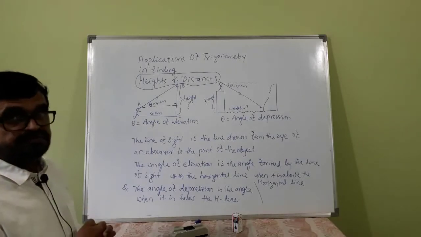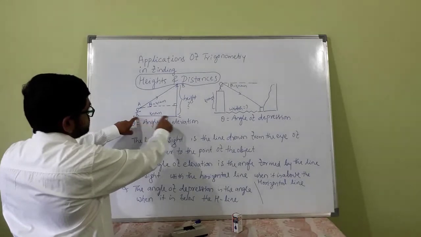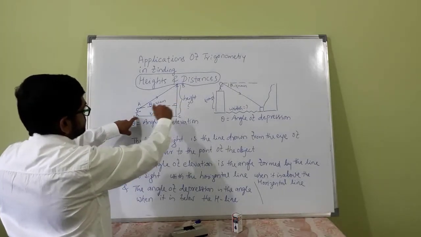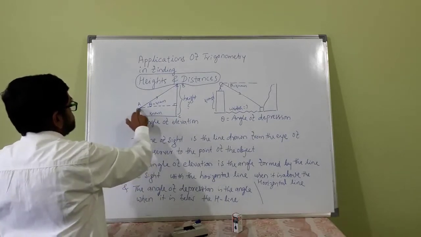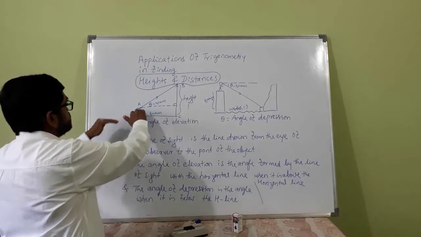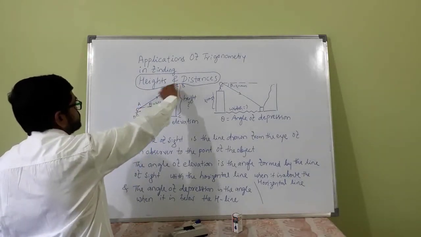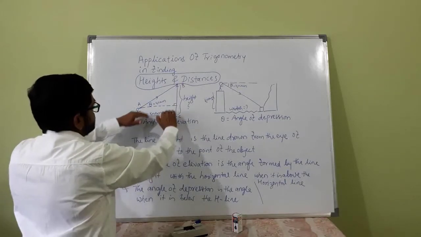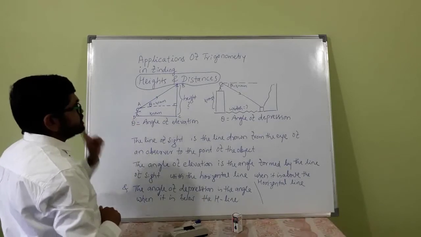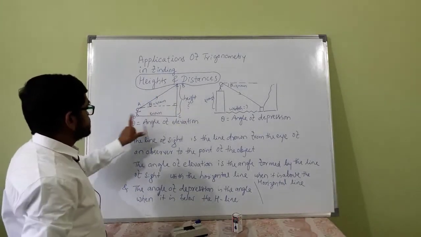Is it possible to find it? Suppose we know the distance between the person and the object, that is, the hill or tower. And suppose the person sees the top of the tower, and the angle between the line of sight and the horizontal line to the ground floor is known. Then he can find it by considering this as a right triangle.